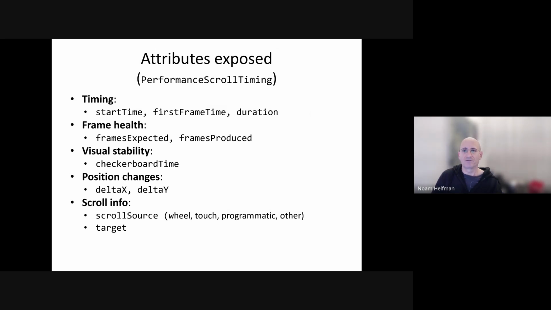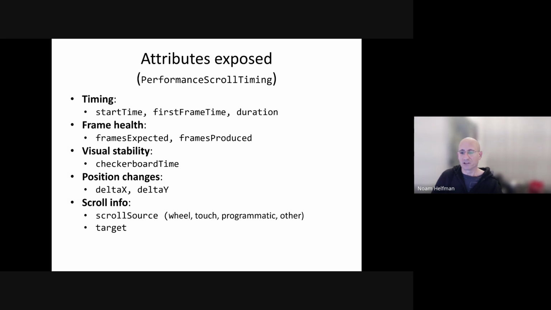Frames expected and frames produced are metrics related to smoothness. Frames expected is defined as, in an ideal world, how many frames a device could have been presenting during the scroll time, and frames produced is how many frames were actually produced. The difference between them is obviously the dropped frames measurement.